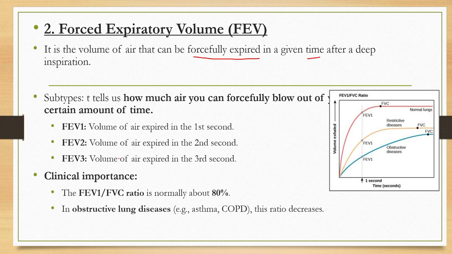FEV2: volume of air expired in 2 seconds. FEV3: volume of air expired in 3 seconds. Clinical importance: the FEV1 by FVC ratio is normally about 80%. In obstructive lung disease, that is asthma and COPD, this ratio is decreased.